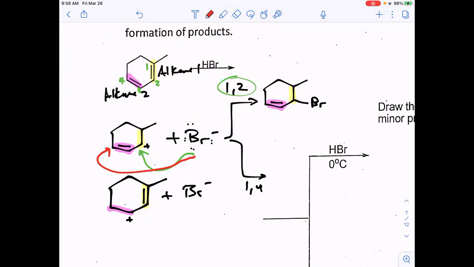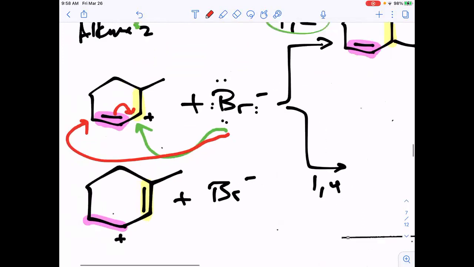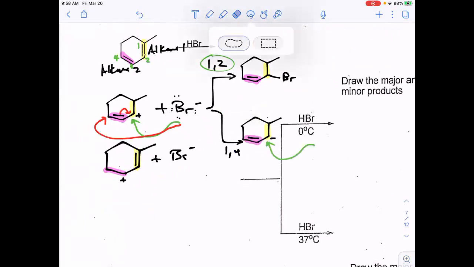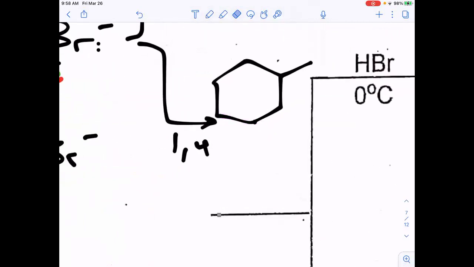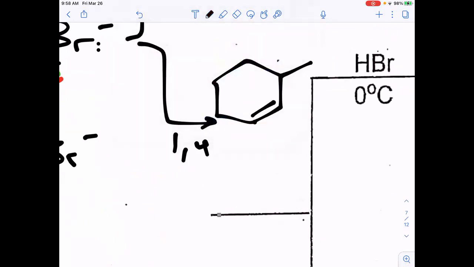Nothing has changed. Right? Nothing changes. The process stays the same. So this double bond now is going to be here. Shift it over just like we did up top.